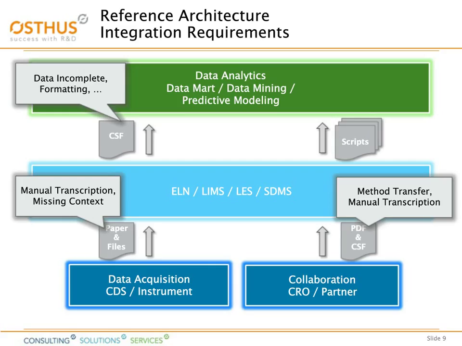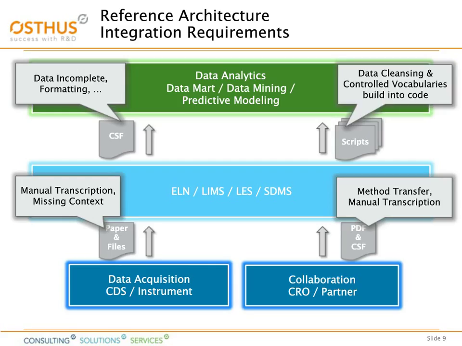And, of course, there is a need for data cleaning and building some kind of controlled vocabularies. In fact, the amount of IT support for scripting to do all this work is getting bigger and bigger again. So this is the rough description of the environment we are in.